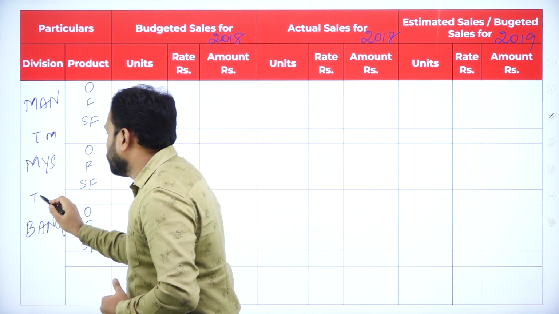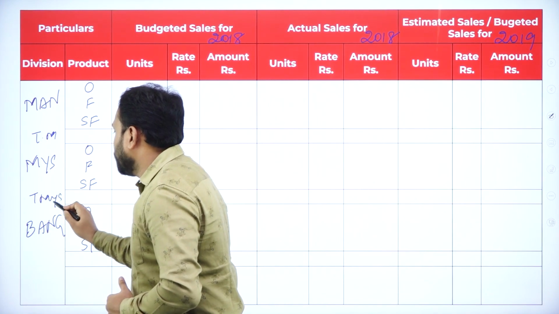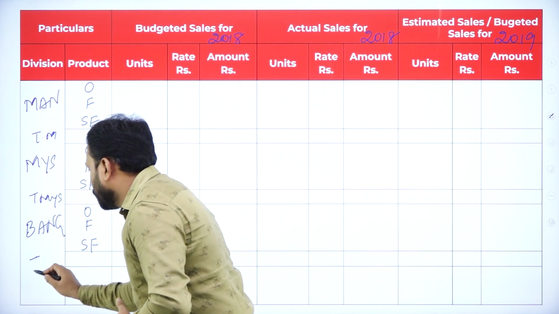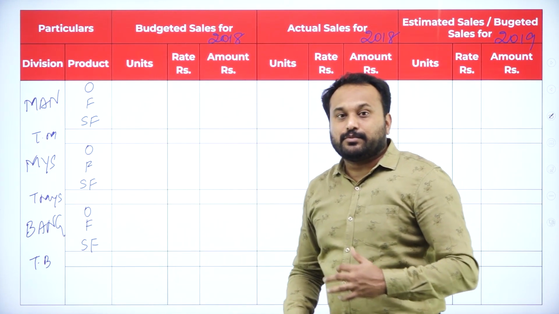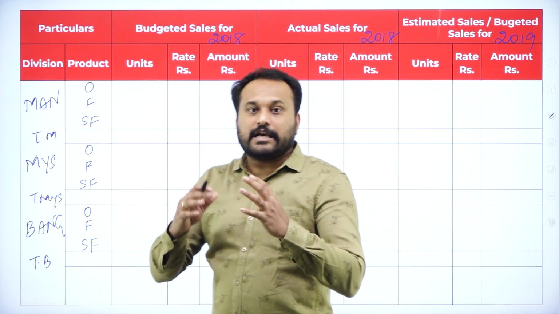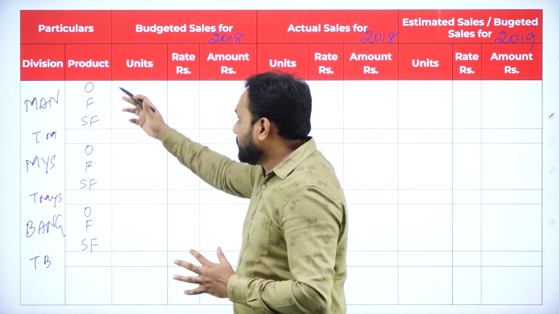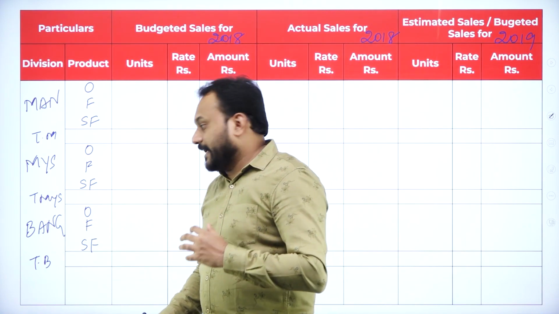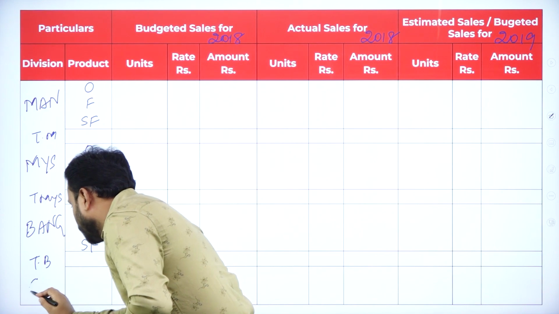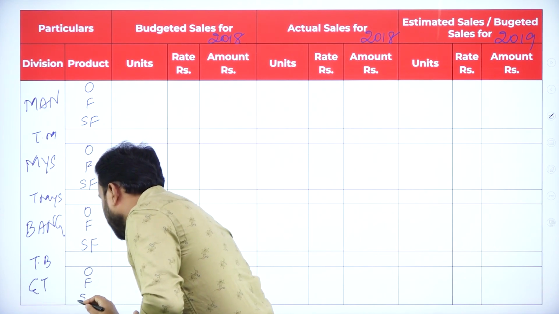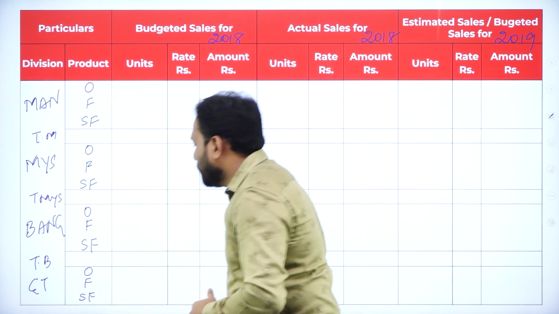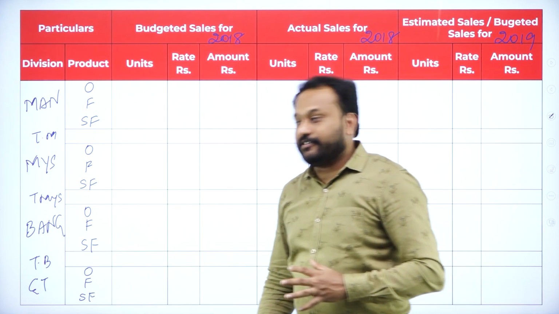Here we have total of Mysore, and the last one here is total of Bangalore. Later, students, what you are supposed to do is have a grand total of each product. So we write here the grand total of ordinary, fine, and super fine.